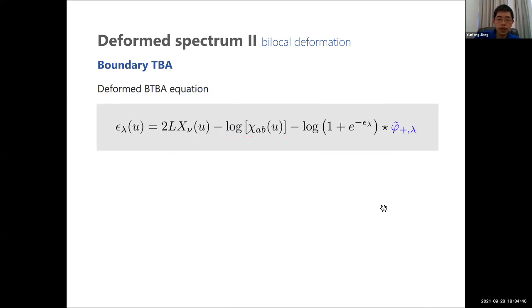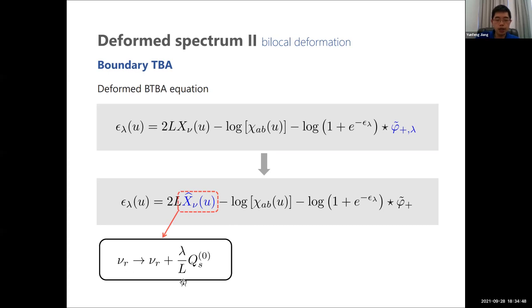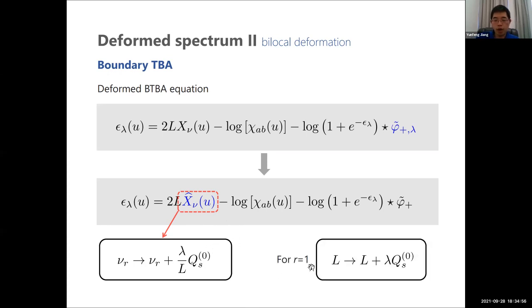Finally, after some analysis, you can bring the deformed TBA equation into this form by shifting the chemical potential or the twist in the same way as in the large volume limit. And for r equals 1, again, we are shifting the length instead of the chemical potential.